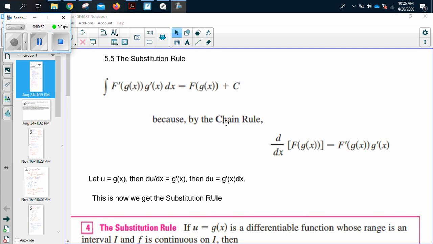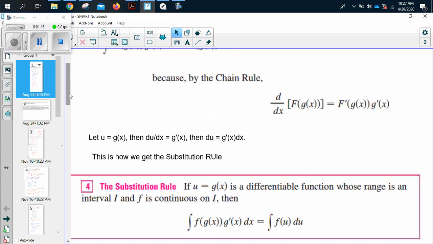That's because by the chain rule, if you differentiate this composite function, you get the outside function evaluated at the inside function times the derivative of the inside function. So you see, you're integrating this, so you get back what was differentiated.